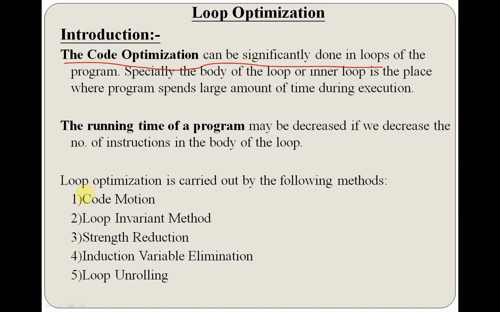So it is better to focus on loops and try to analyze so that loops code will be minimized in some way. The running time of the program may be decreased if we decrease the number of instructions in the body of the loop. The loop optimization is carried out by many techniques. Some of them are shown below.